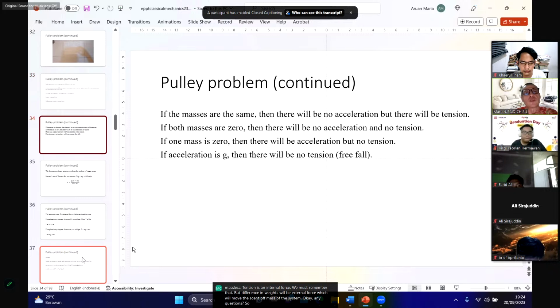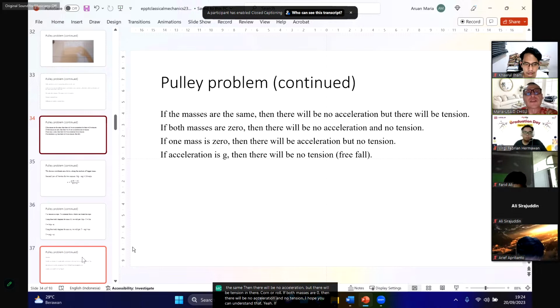Slide 34 tells you that if the masses are the same, then there will be no acceleration, but there will be tension in the cord or rope. If both masses are zero, then there will be no acceleration and no tension. I hope you can understand that, yeah?